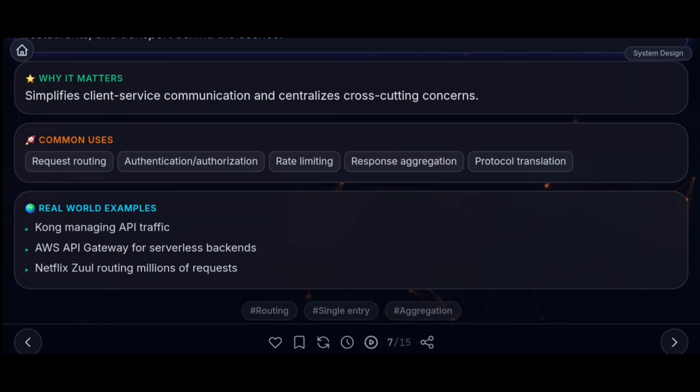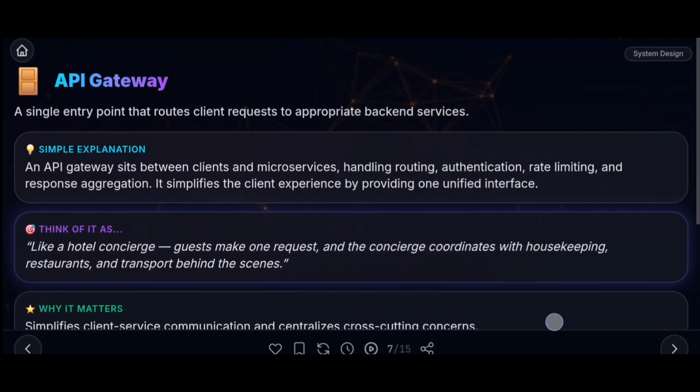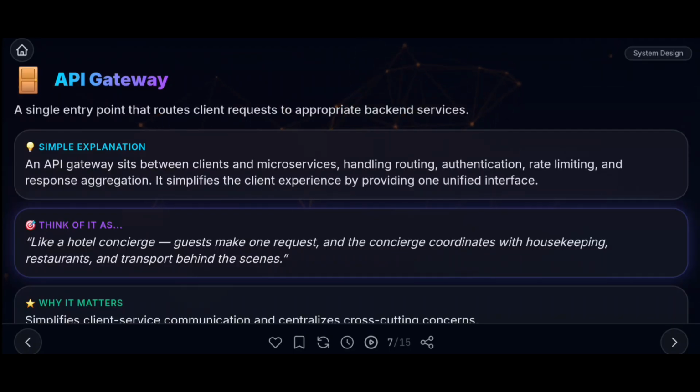Some real world examples are Kong managing API traffic, that is Kong gateway, AWS API Gateway for serverless backends, and Netflix Zuul routing millions of requests. This is all about API gateway. It is kind of a gate that will handle all the requests in reaching the backend service.